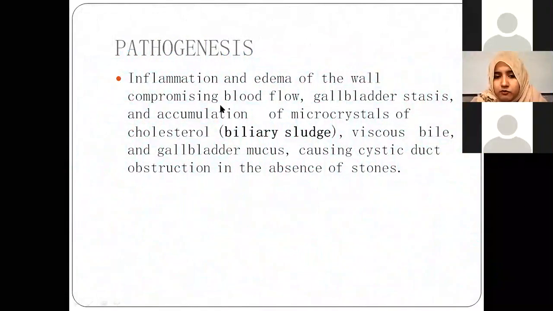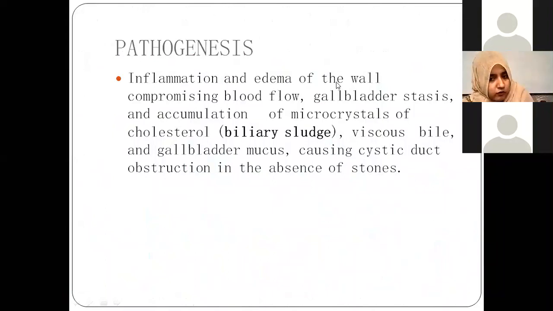Inflammation, edema of the wall, compromising the blood flow, gallbladder stasis. So what happens when there is impaired blood flow and gallbladder stasis? Whatever secretions were there, they get stuck in it. An accumulation of microcrystals of cholesterol forms a biliary sludge, viscous bile and gallbladder mucus, causing cystic duct obstruction in the absence of a stone.